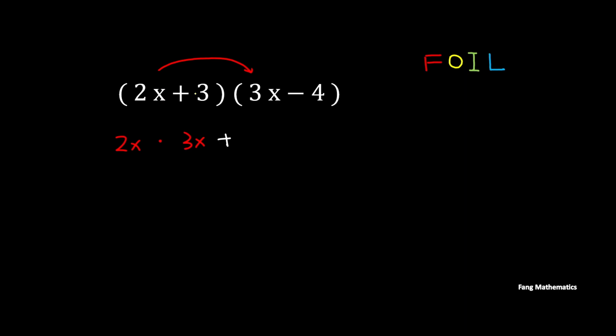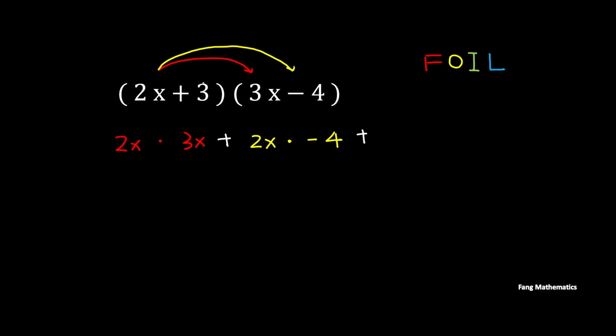Next, you have O. O means outer, 2x and minus 4. Okay, if there is a minus, you are to remember the minus sign. You have 2x times minus 4.